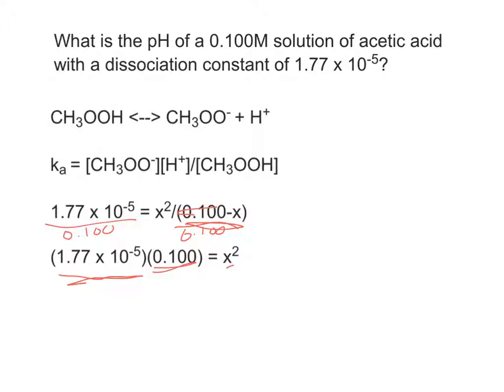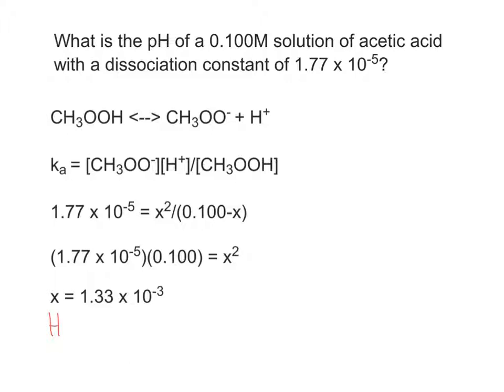So we solve for that, and x equals 1.33 times 10 to the negative third. A really small number. Now that is the hydrogen concentration. It's also the other concentration, but what we care about is the hydrogen concentration. Now we have a value that we can take the log of to find the pH.